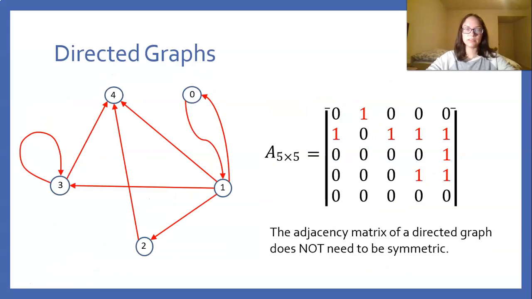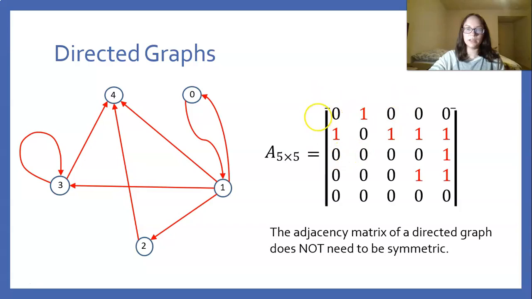So for the undirected graph, we had an adjacency matrix, and in the same way we have an adjacency matrix for directed graphs. The only difference is, as I mentioned before, there's no need for the adjacency matrix of a directed graph to be symmetric. You might already see this by now, because the relationship from one node to the other does not have to go the same way backwards.